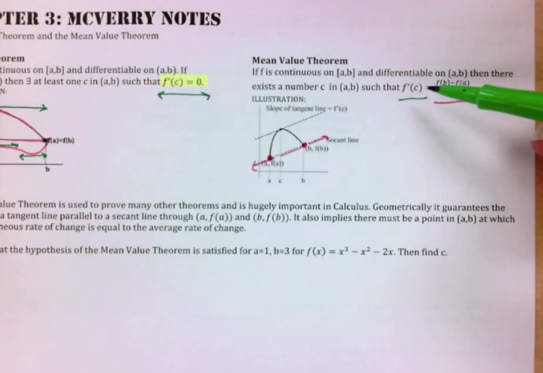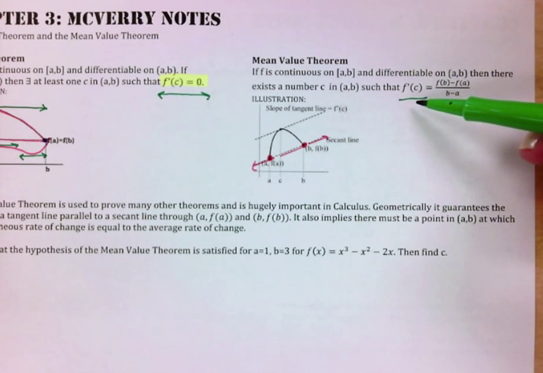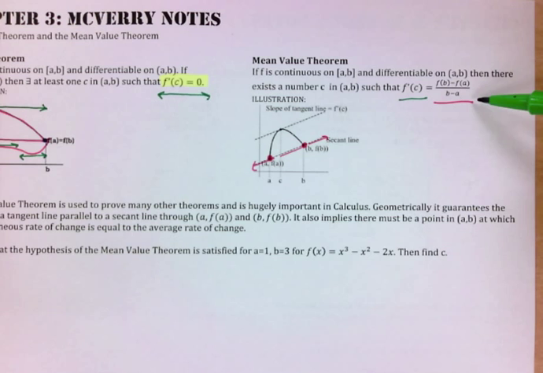And remember that that guy is f prime, that's the slope of your tangent. This one is slope. So if your slopes are equal, that means you're a parallel line.